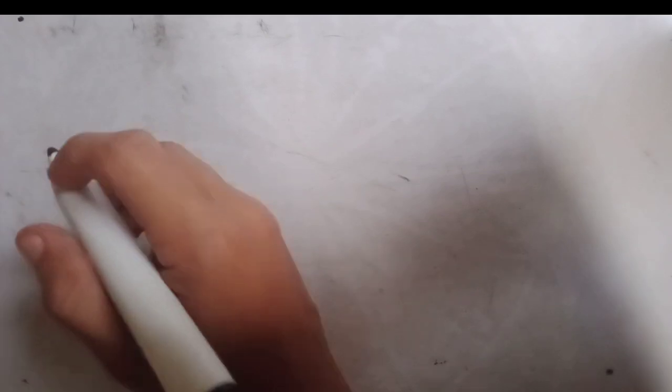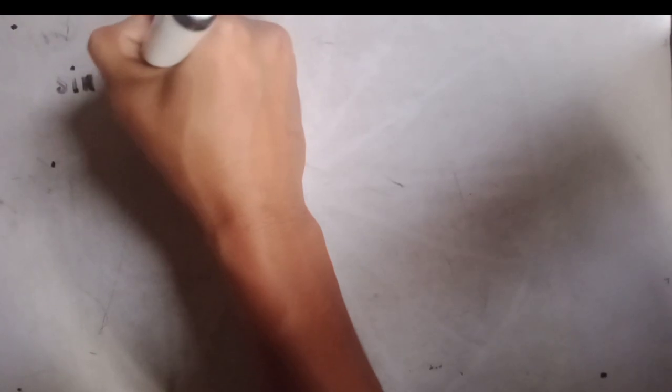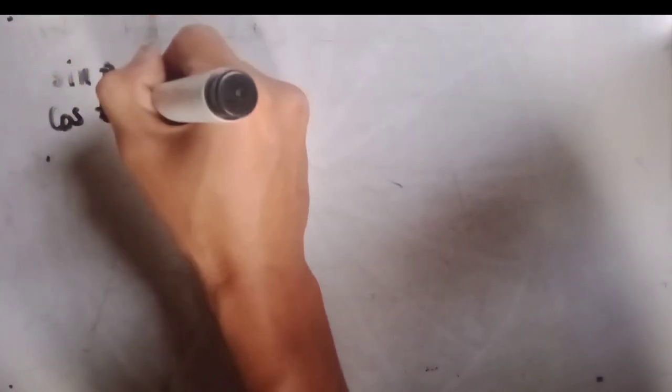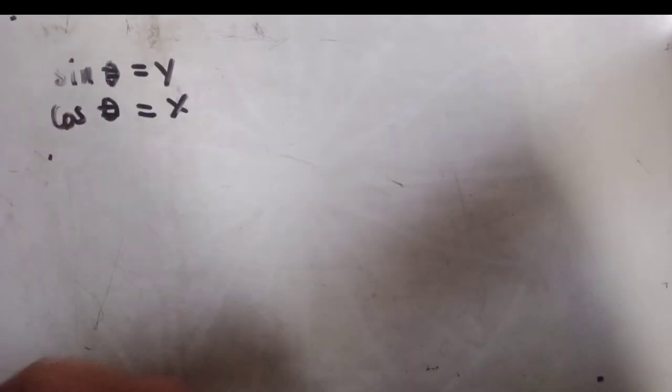So now let's move on to the 6 trigonometric functions. These are sine theta. So sine theta is equal to y. Then next is cosine theta. Cosine theta is the x.